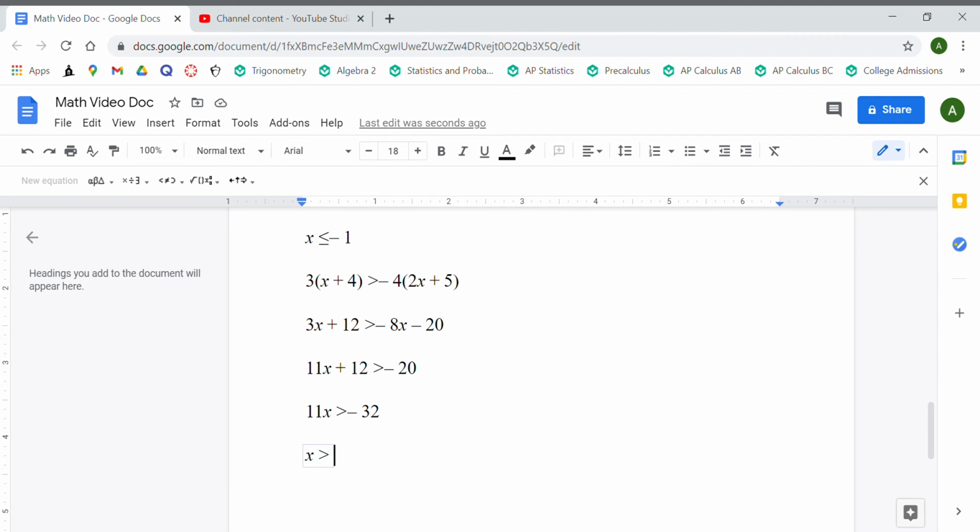We're dividing a negative number by a positive number. If you're dividing by a positive number, you don't change the symbol. Only if you're dividing by a negative number. And then you get this very ugly solution of x is greater than negative 32 over 11. Now, no matter how much I do not want to do this, since it's a fraction, I still gotta graph it.